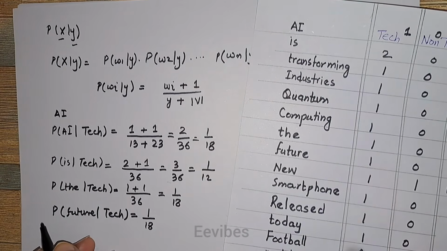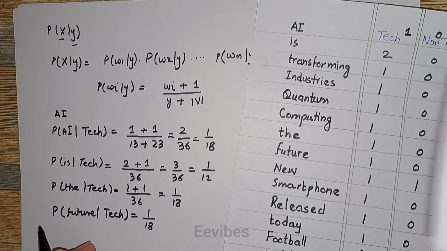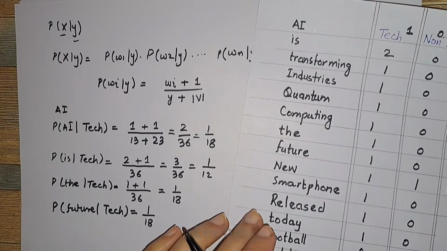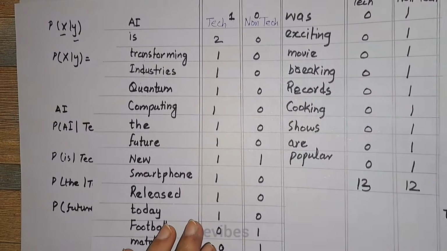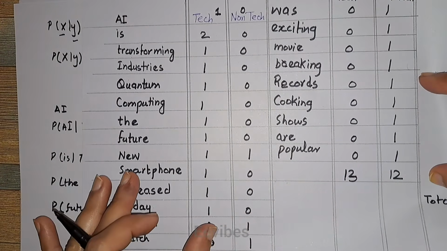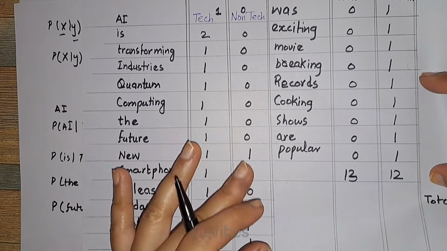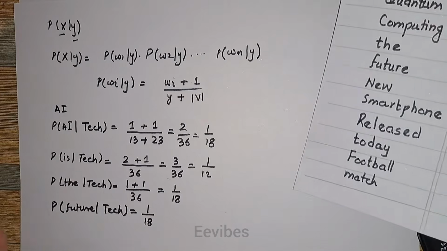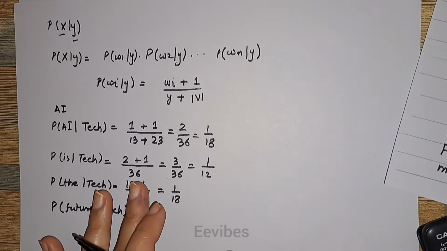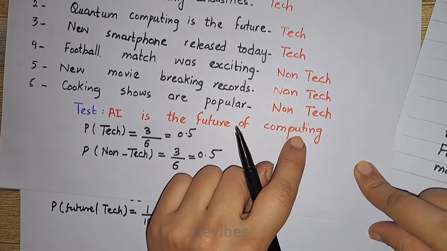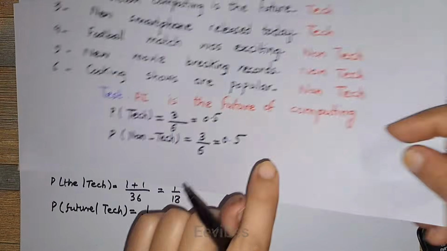Now let's calculate the probability of the word "of". As you can clearly see, this word "of" is not appearing in our vocabulary set. So for any word that doesn't appear in our vocabulary set, we can simply discard it. So we will not evaluate the probability for this word. Let's evaluate the probability for the next word, which is "computing".